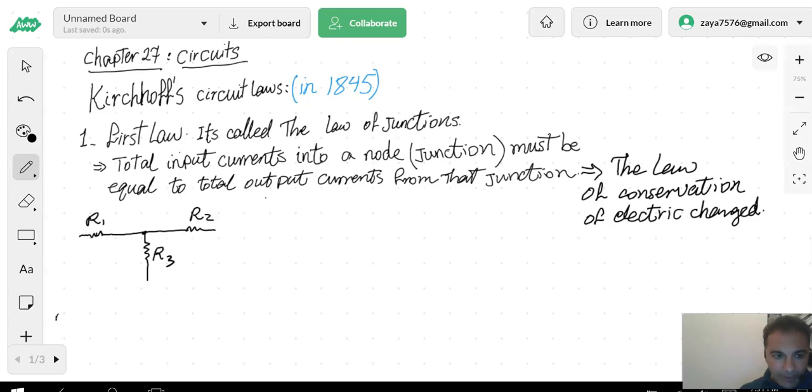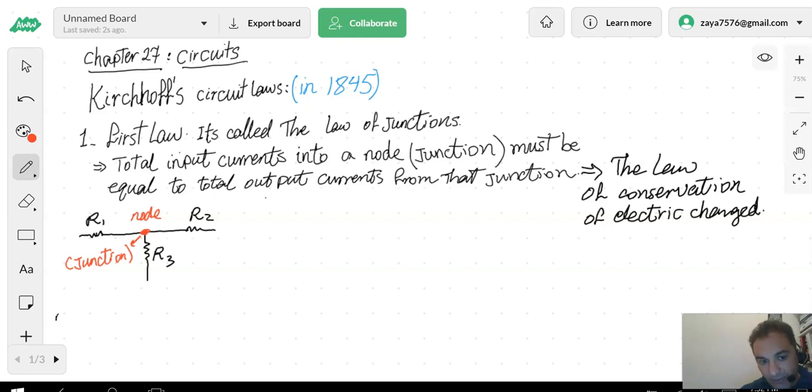This point is called a node or junction. I like to call it junction. So if you have at the point more than two wires, see this is wire number one, this is wire number two.